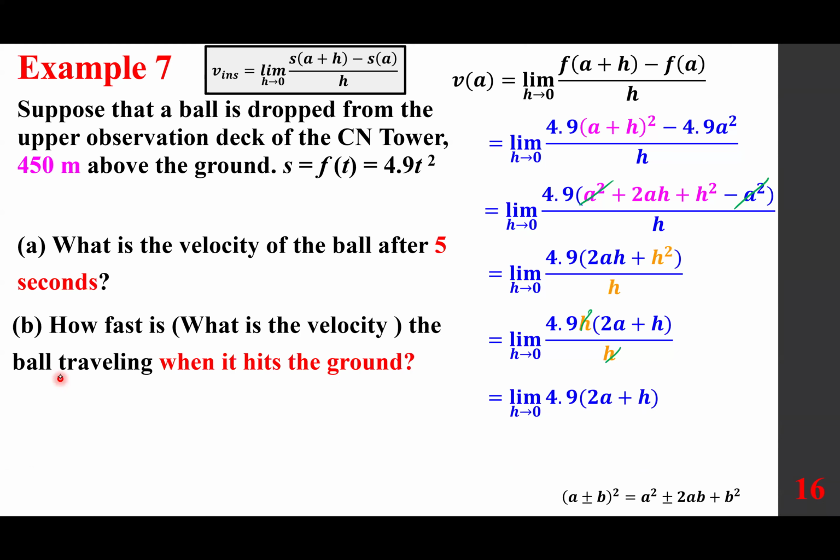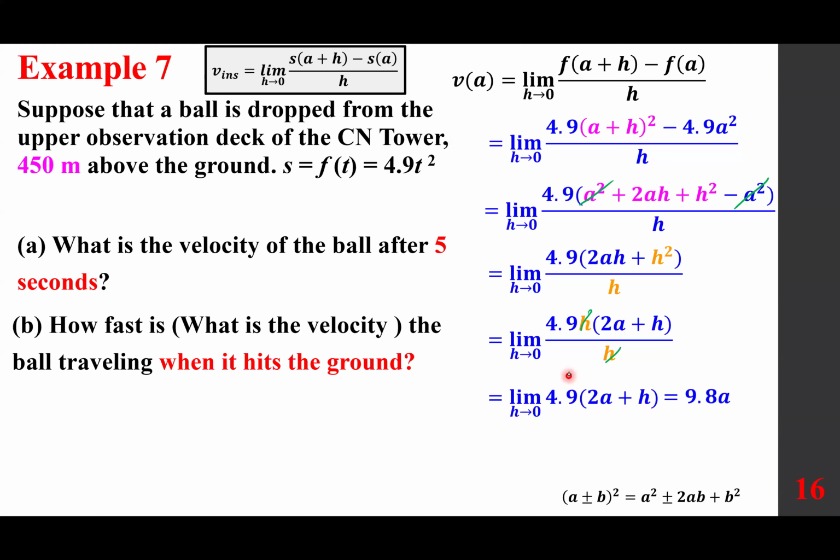And there's nothing else I can do, so I'm going to replace the h with 0. You have to keep the limit, otherwise you can't replace the h with 0. Now the limit says you can replace the h with whatever this number happens to be, which is 0. So 2a times 4.9 is 9.8a.